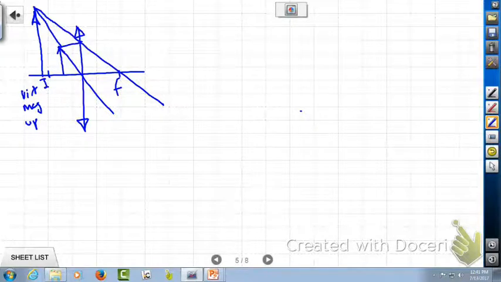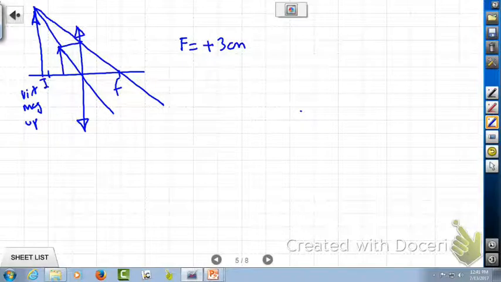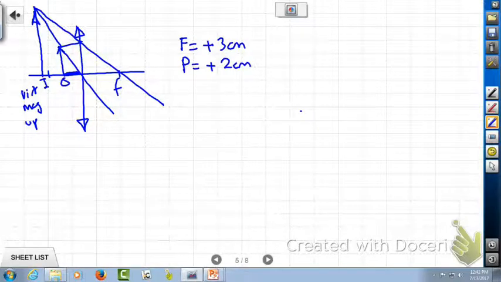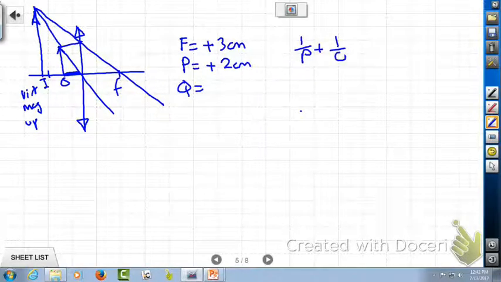I know that my f is equal to 3 centimeters, but it's not just 3 centimeters, it's a converging 3 centimeters. So I know that's a positive 3 centimeters. And I know my p, I chose to make it in front of the lens. There's my object. That's a plus 2 centimeters. And I want to find my q. I go 1 over p plus 1 over q equals 1 over f.